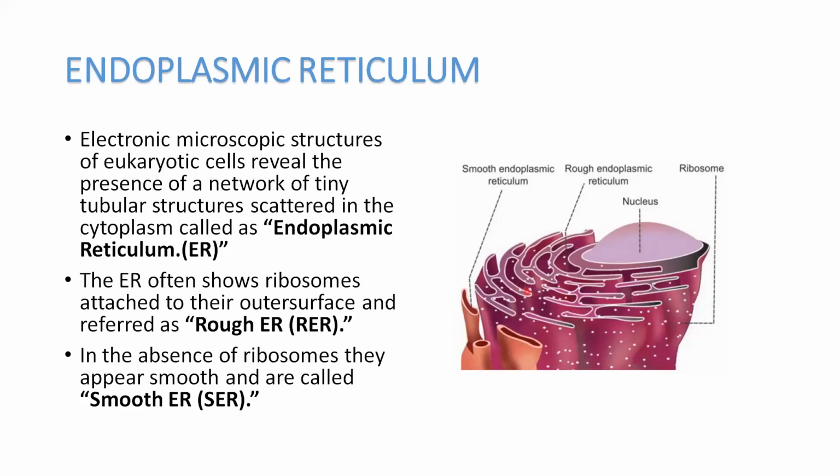If you see this endoplasmic reticulum, here the violet colored one, there are some dot-like structures. These dot-like structures are nothing but ribosomes. The brown colored structures are also endoplasmic reticulum, but without ribosomes. The region which has ribosomes is called rough endoplasmic reticulum, and without ribosomes is called smooth endoplasmic reticulum.